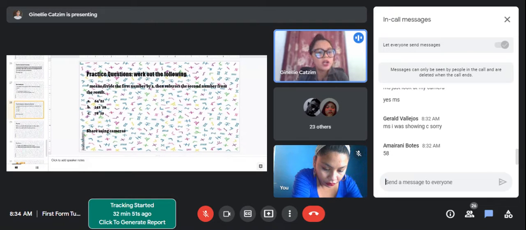So we subtract 21, 59, and 19 from the answer that we got by dividing the first number by 2. That is basically what this tells you to do. Any questions? No questions?